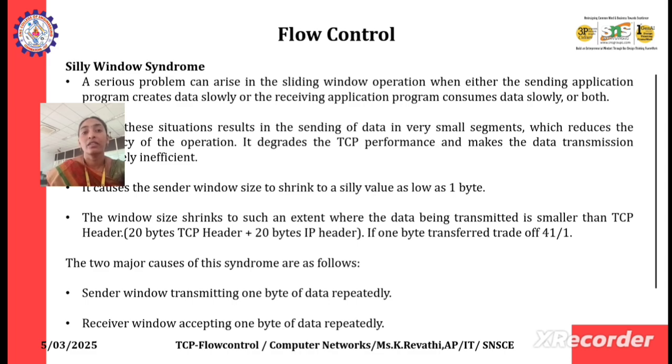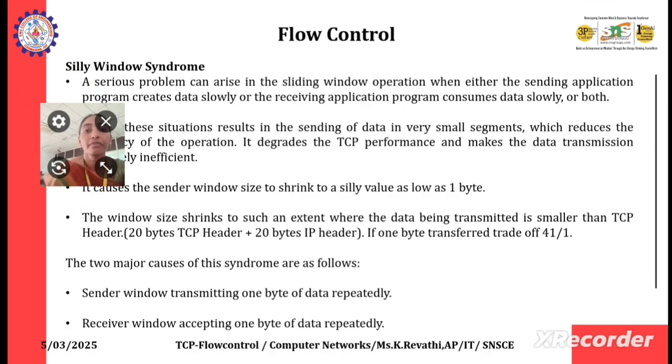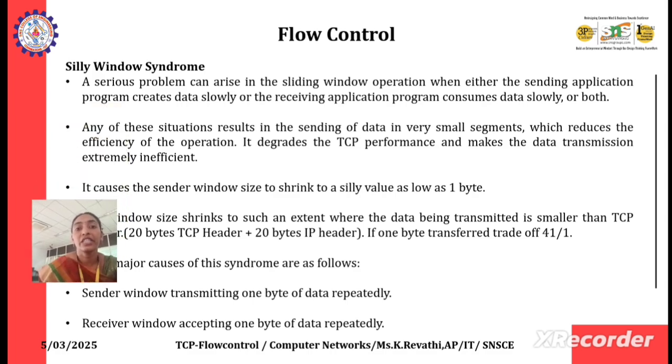Next, an important concept in TCP is silly window syndrome. A serious problem can arise in the sliding window operation when either the sending application program creates data slowly, or the receiving application program consumes data slowly, or both. These situations result in the sending of data in very small segments, which reduces the efficiency of the operation.